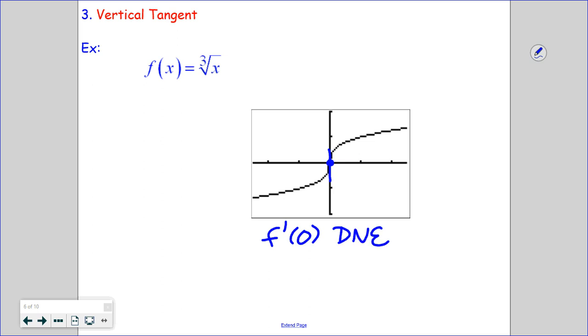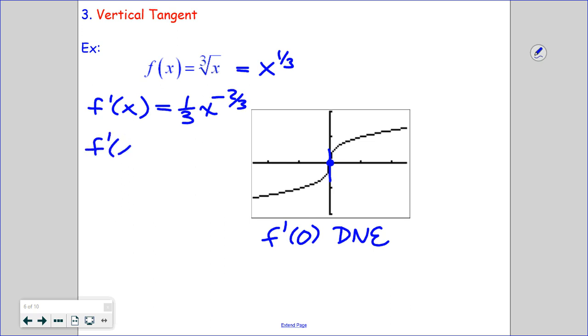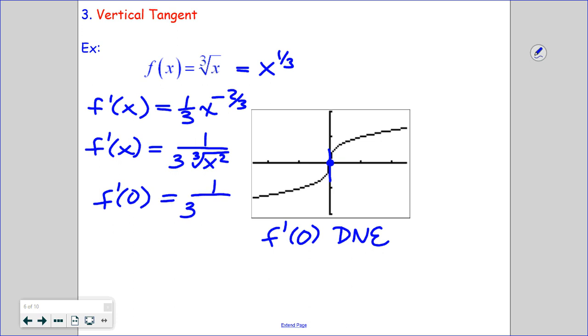And again, I can show you, if you tried it algebraically, let's say we find the derivative, cube root of x equals x to the 1/3 power. So if we did power rule, and then let's say we simplified, this would become 1 over 3 times the cubed root of x squared. If we try to plug in 0, again, notice we're going to get 0 in the denominator.